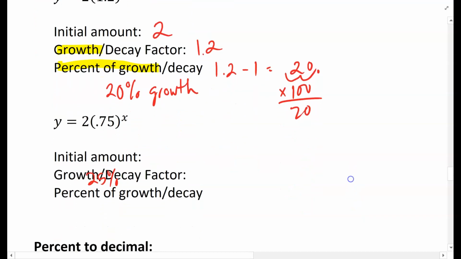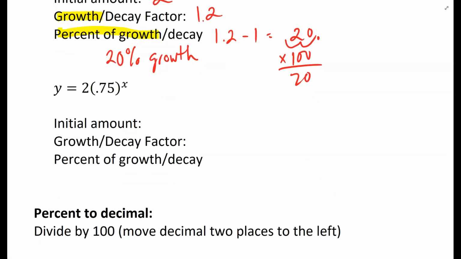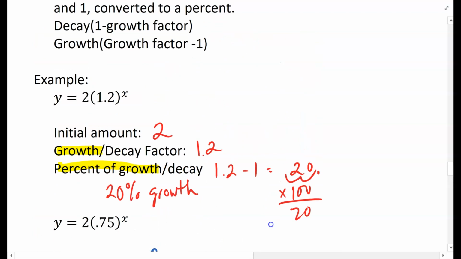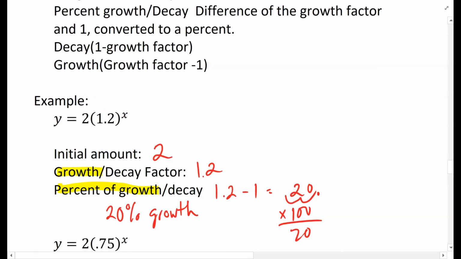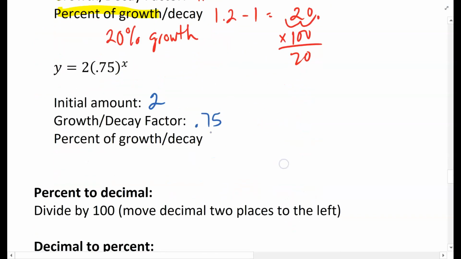All right, let's look at our next example. In our next example here, the initial value again is 2. Our b value is 0.75, so that's just our growth factor. We see that it's less than 1, so since it's less than 1, we want to take 1 minus our growth factor. So 1 minus 0.75, we get 0.25 times 100, and we get 25.